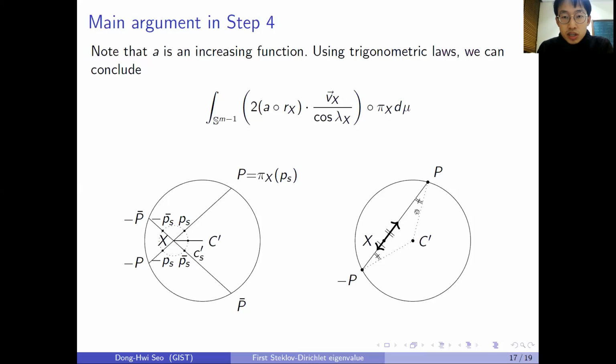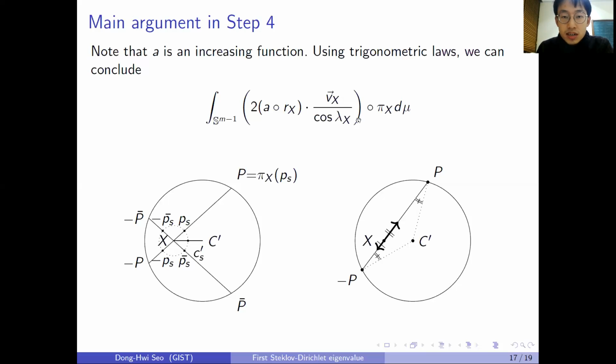And using trigonometric laws, we can show that the distance from x to p is bigger than the distance from x to minus p. In addition, we can show that the angle lambda x at p is equal to the angle lambda x at minus p.